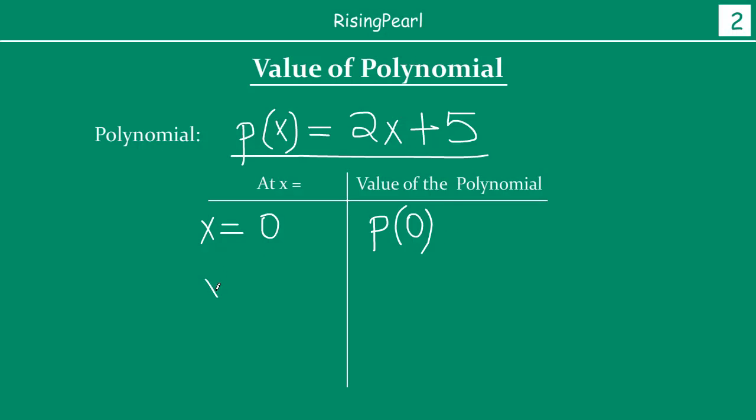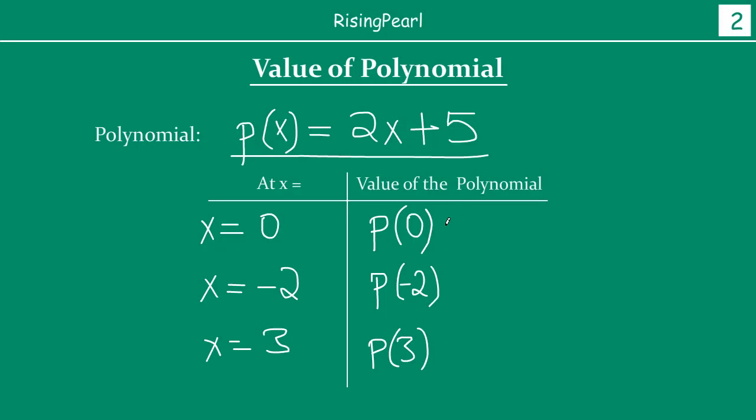Similarly, we would also want to find out, let's say, x equal to minus 2, and then let's take one more, x equal to plus 3. So we want to find out p(0), p(-2), and p(3). What are the values of this polynomial at these different values of x?